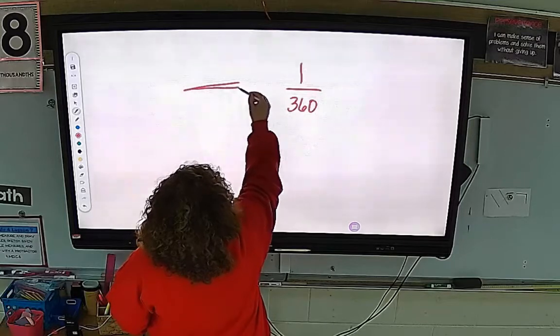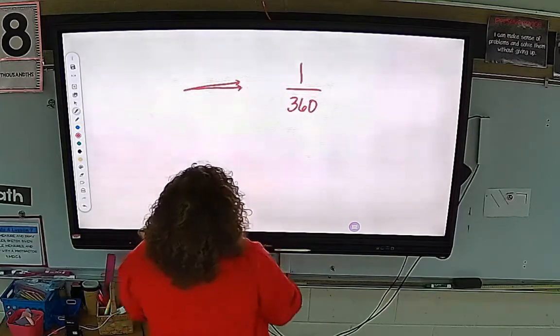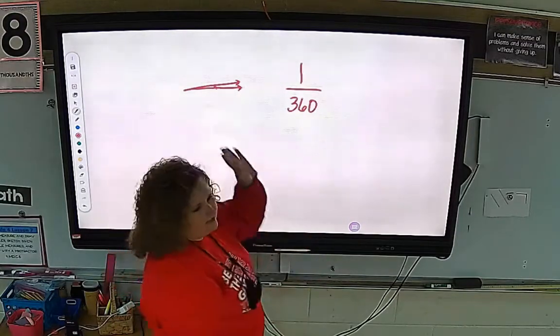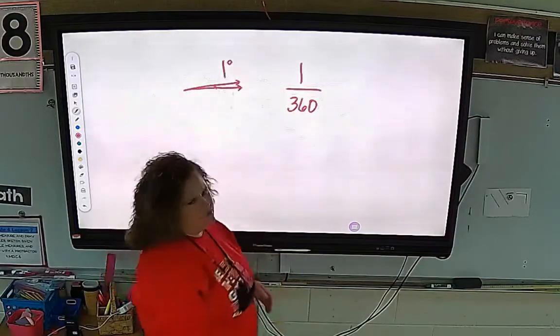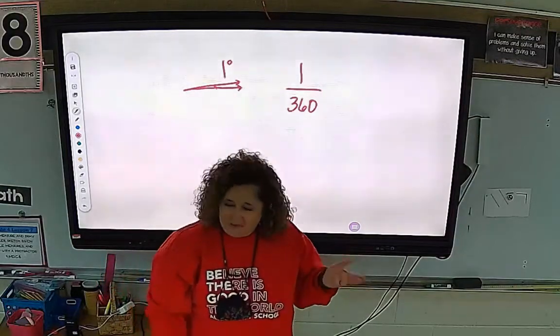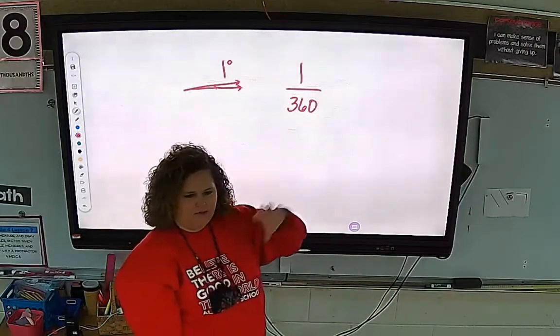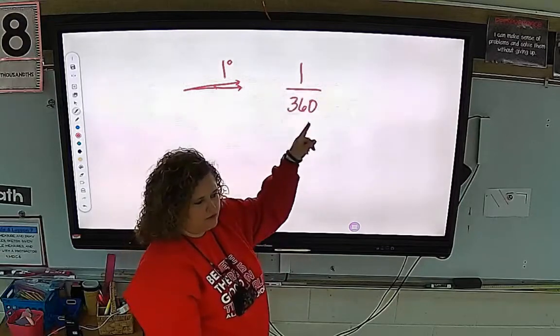That's probably way more than 1 degree. Like 2 probably. But if that was a 1 degree angle, here I'll label it so we can all pretend that I drew it perfectly. If I were asked to write that amount of degrees as a fraction, it's only 1/360.